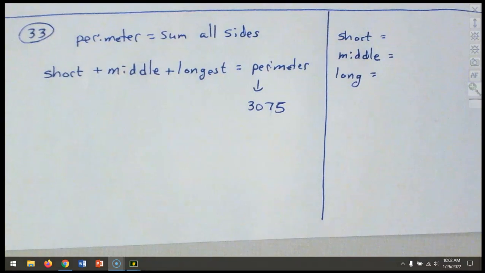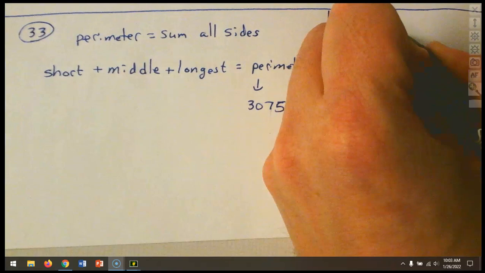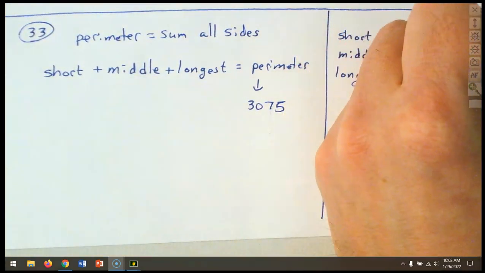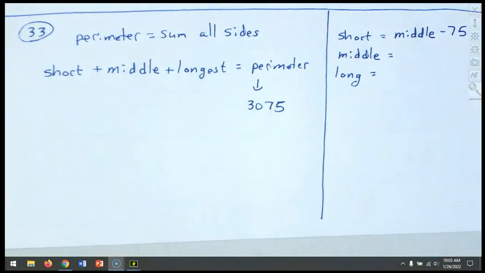When we read this, it says the shortest side measures 75 miles less than the middle. Now we don't put units of measure on until the very end. So what do we know about the short side? Short side is going to be the middle minus 75. That's what it is in terms of the other side.